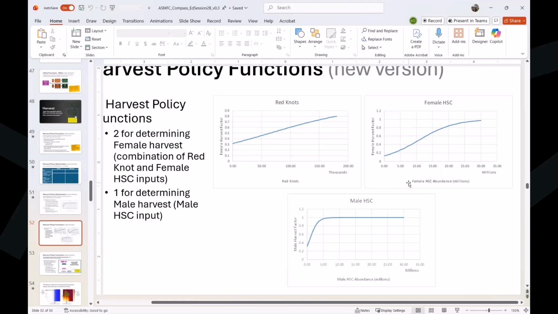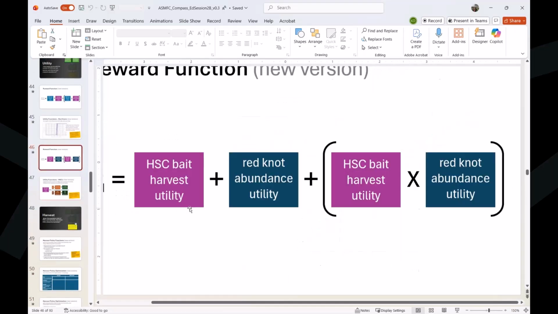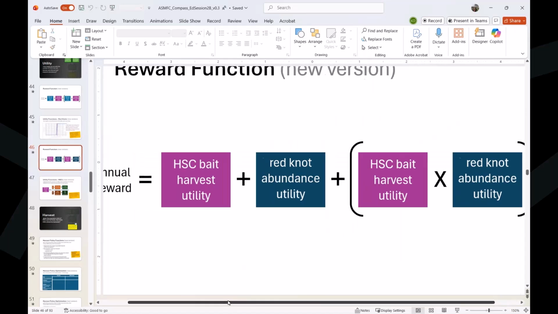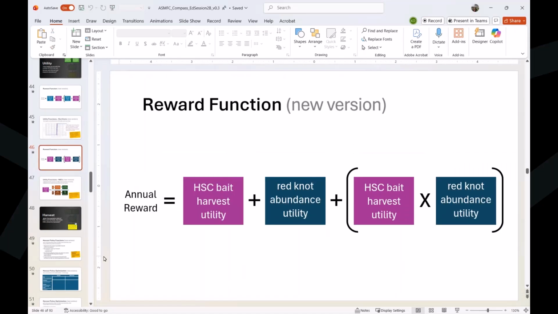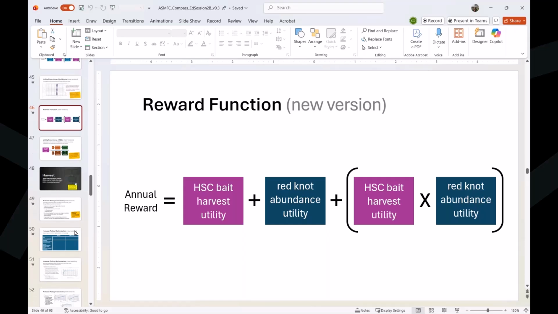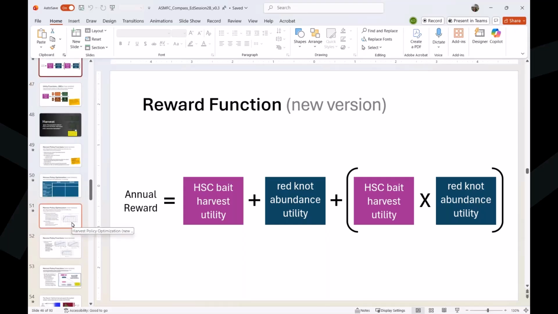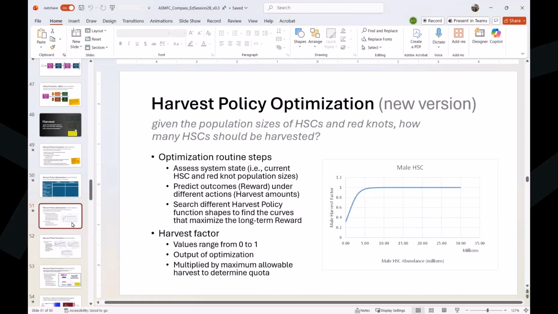But I didn't see an analogous term in the current set of reward and utility functions, either rewarding or constraining, to directly reflect that crab abundance value. So I just wanted to pick up where we left off on the last session.